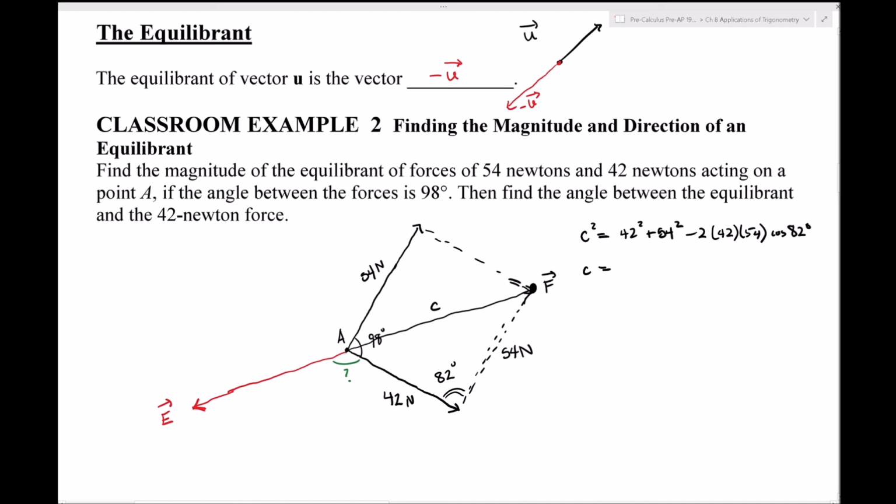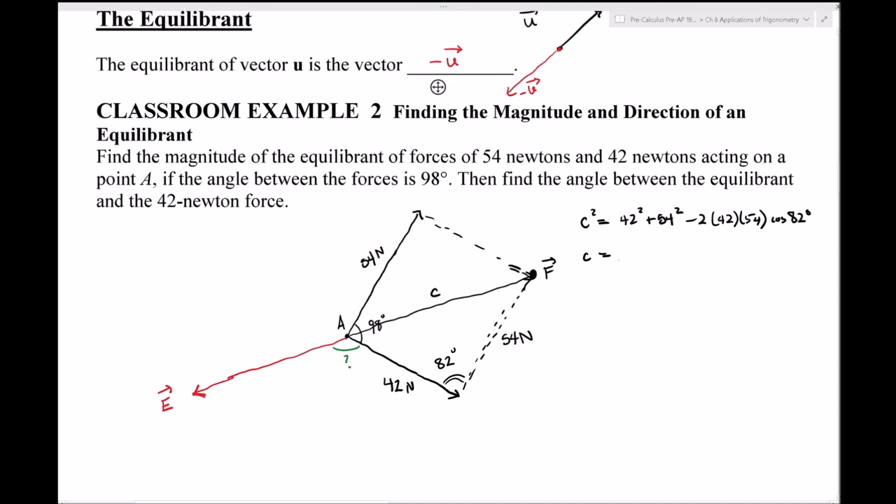We're going to get C is equal to the square root of 42 squared plus 54 squared minus 2 times 42 times 54 times cosine 82. I'm in degrees. I'm getting roughly 63.6295. That's as many digits as I can show based off of my calculator. So that's going to be in newtons.